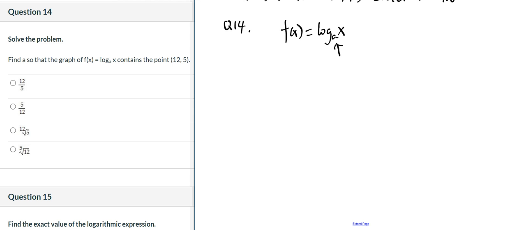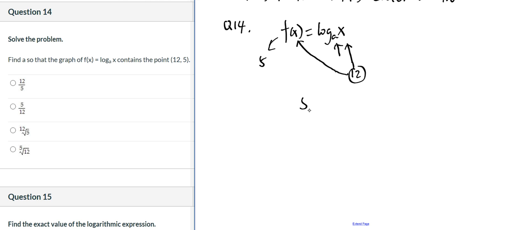So we are given x is 12, or here is 12. For that input, you have the output, which is 5, not 15. 5. Okay.